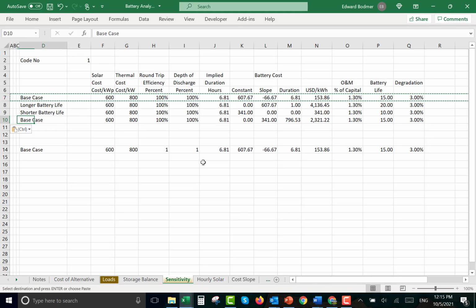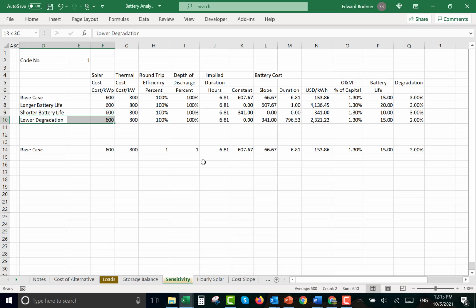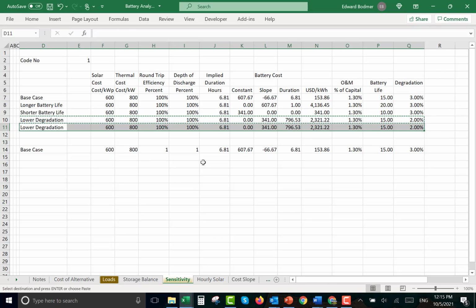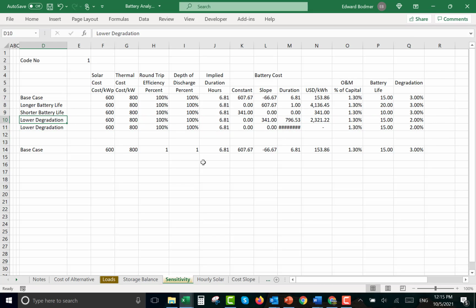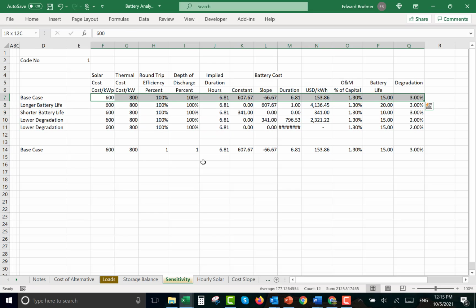And then we can put a lower degradation to make it a little more positive, and we can put higher degradation to make it a little less positive. And then, of course, what did I do?